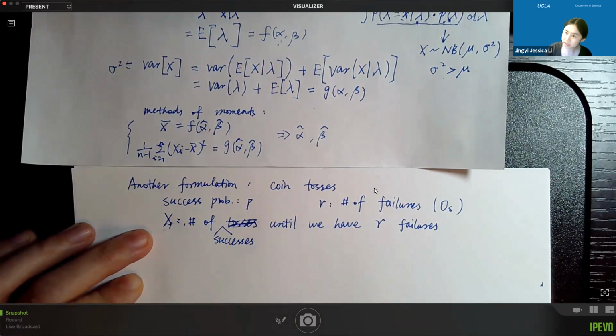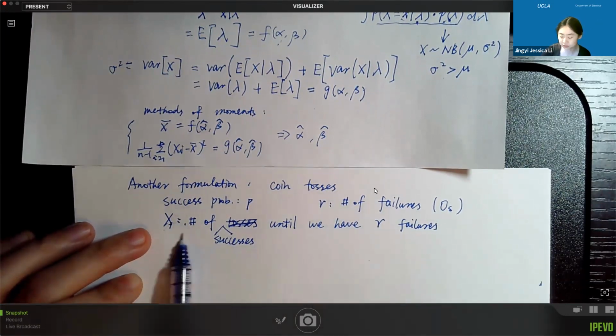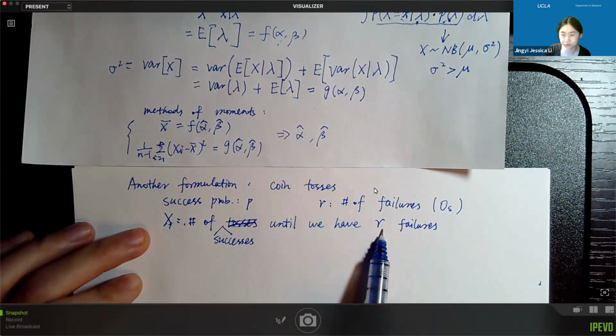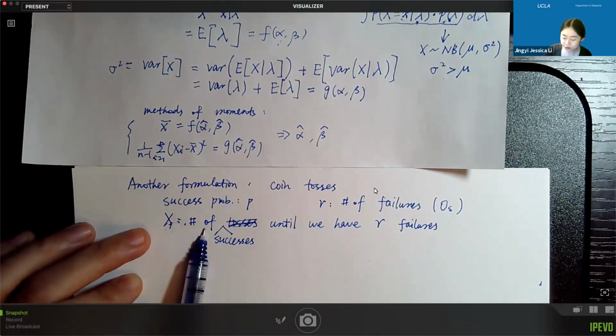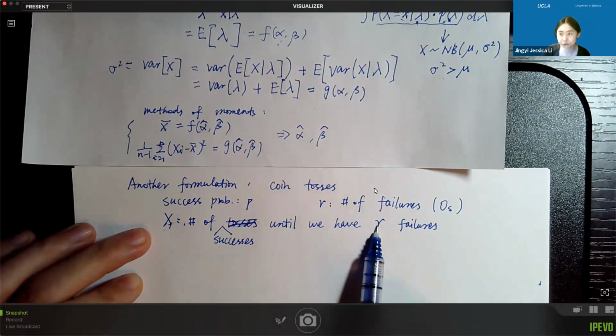So what's the minimum number of successes before you see R failures? 0, right? You could just keep on tossing, and every toss is a failure. In that extreme case, you may have 0 successes before you see R failures. But some other people may have very, very large X. That means they just keep getting successes and very few failures, so they have to wait a long time until they see R failures.